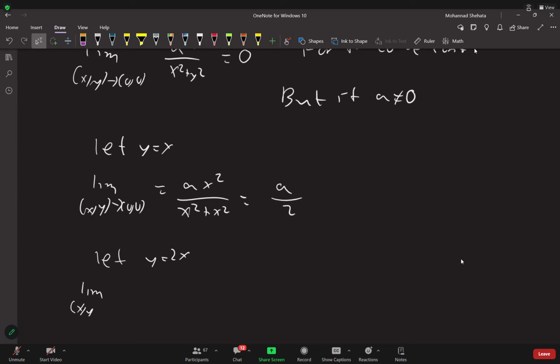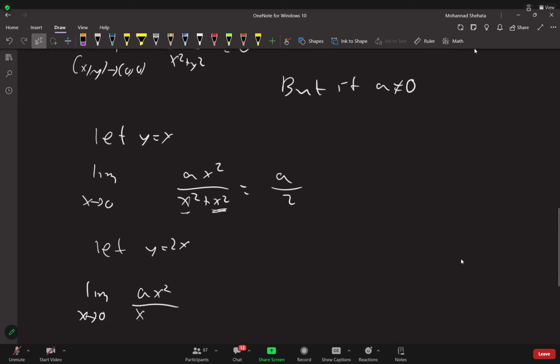The limit as x and y go to (0, 0). Then the limit will be the limit as x approaches 0 of ax squared over x squared plus (2x) squared, then ax squared over 5x squared, which is a over 5.